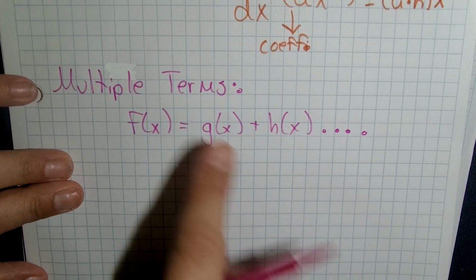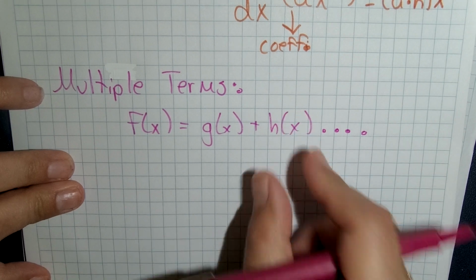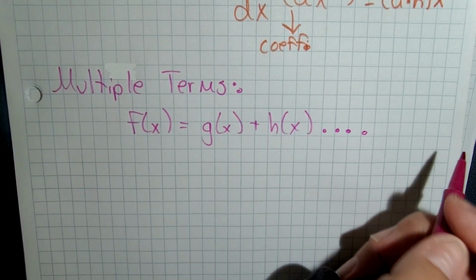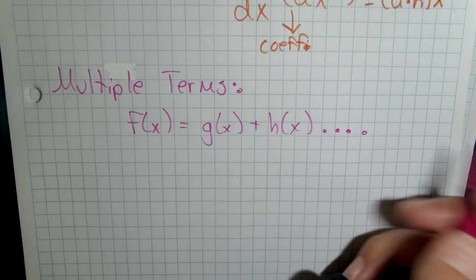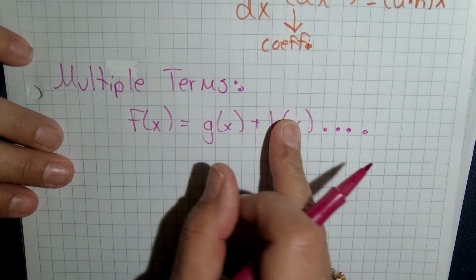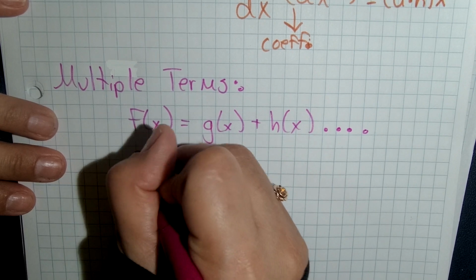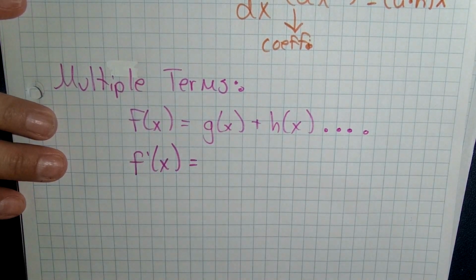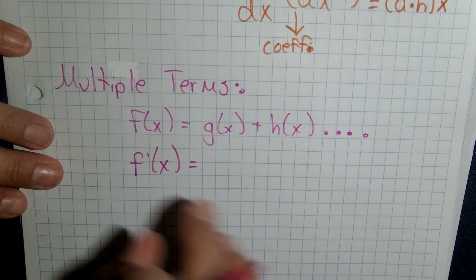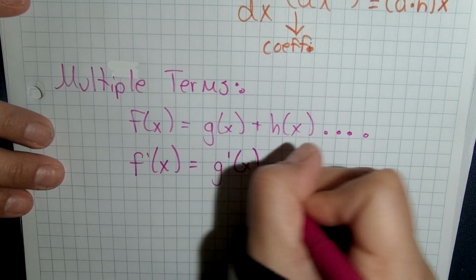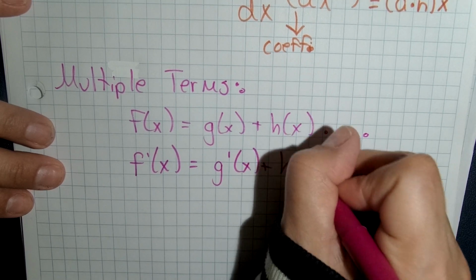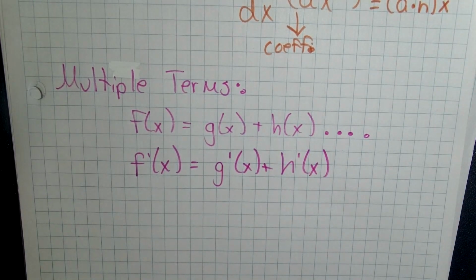Multiple terms. So g of x and h of x are going to be like x cubed plus 7x squared, whatever. What you can do then, and this is the fundamental idea in the power rule, is that you can then take the derivative of each of the terms separately and put them together.